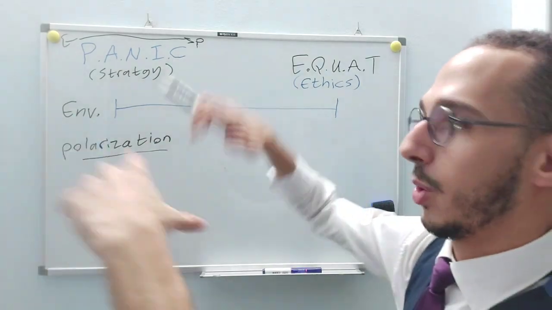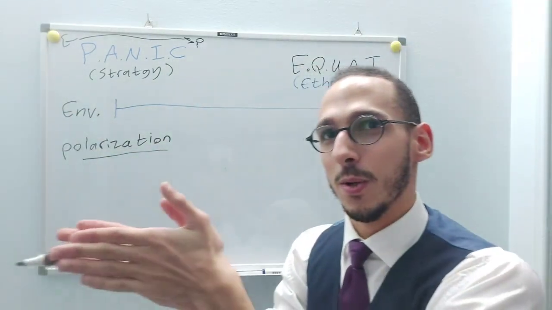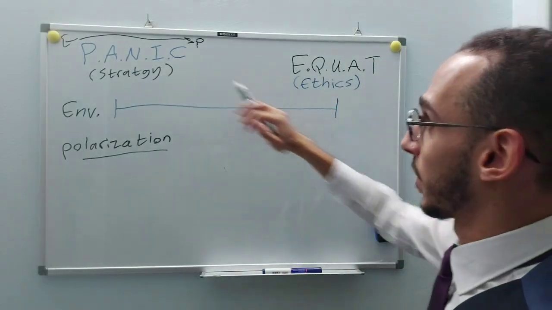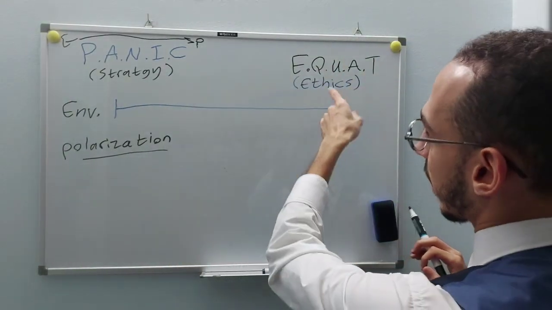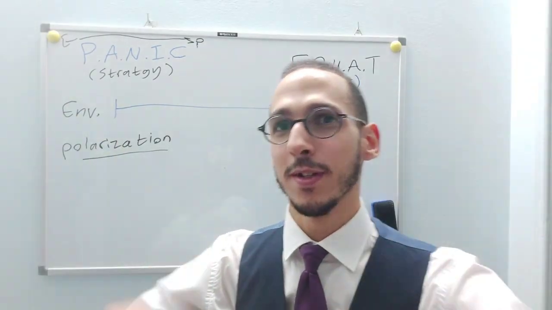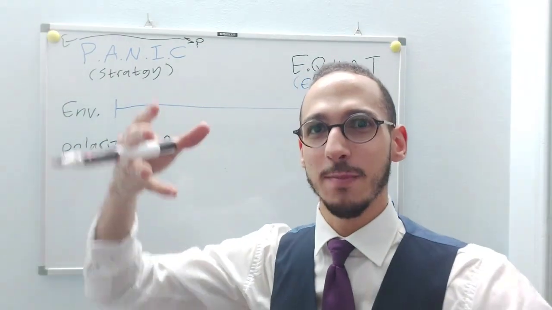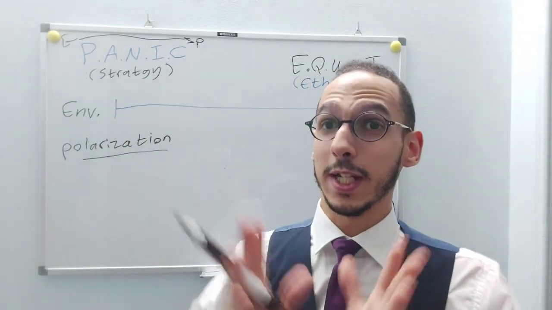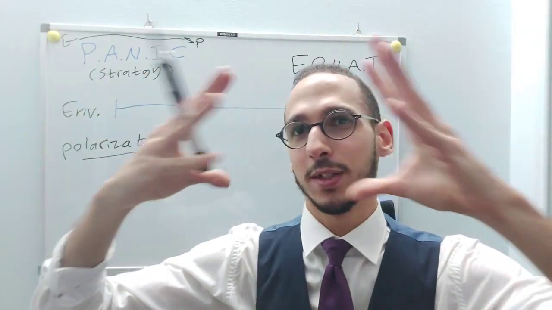Starts at the environment, goes in, because it's advancing into trying to get internalized in you. That's what the I is for, actually. The E.Q.U.A.T model is the opposite. It works from the inside out. So, again, it's like a T moving in from the inside of your mind, from the inside of your psyche to the outside. So you're basically surrounded.